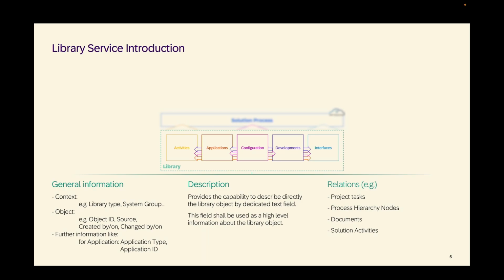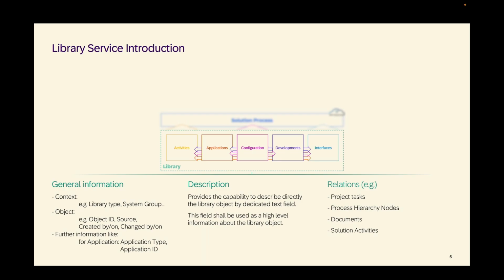So what we have in there is the general information on every single object type in the library. So you could enter context there. Like, for example, which library type are we looking at? Is it application, configuration, development, or do I need the system group assigned to that object or not? You can assign the object, like, for example, Fiori ID, and further information like, for example, application type, application ID, that's what I mentioned before.